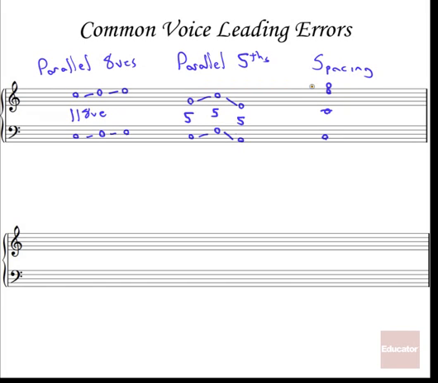But the problem with this is that between the tenor and the alto, we've got an interval of a tenth. And we don't want anything bigger than an octave between the upper three voices.